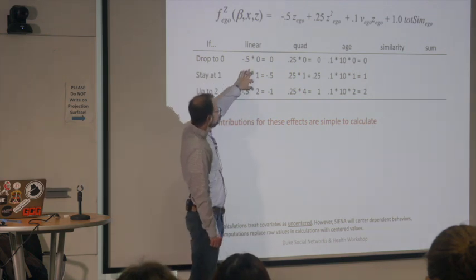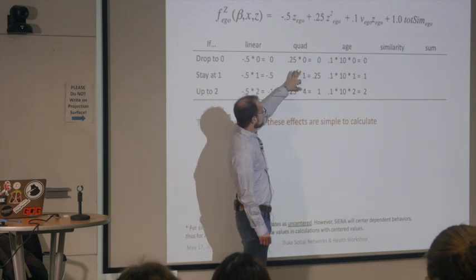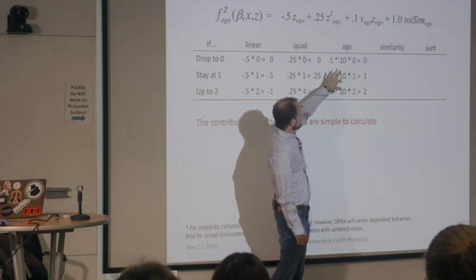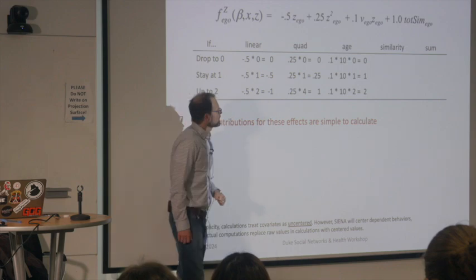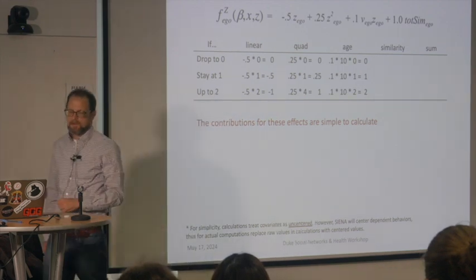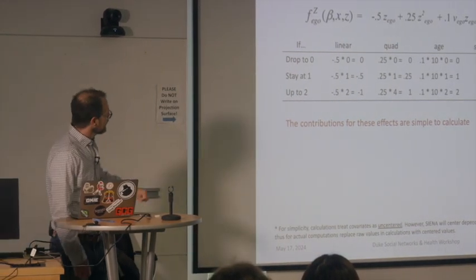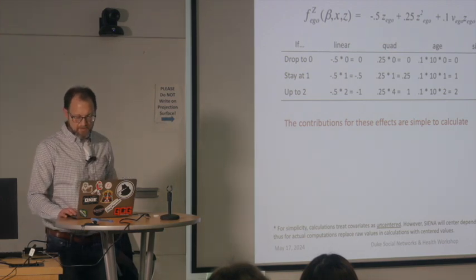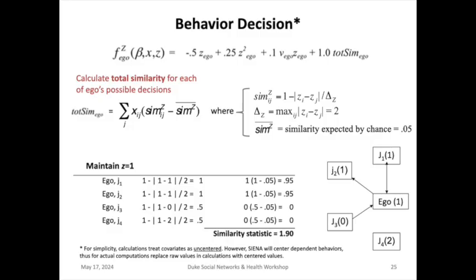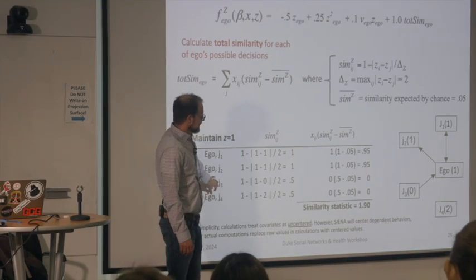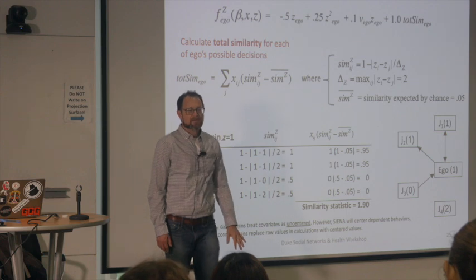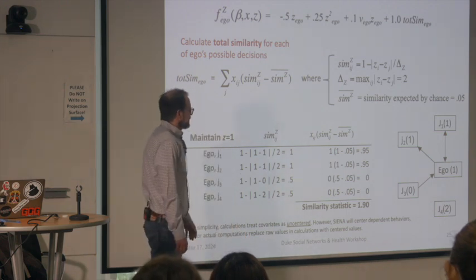So we plug that into our linear equation, our quadratic equation, multiply it by our age effect, and then we've got to figure out what that means for total similarity. I'm not going to walk through all of this, but this is the equation we're using, and it works out a little bit differently for each actor depending on their level.